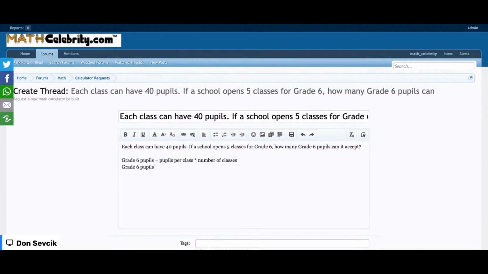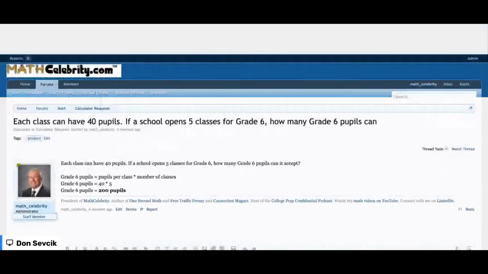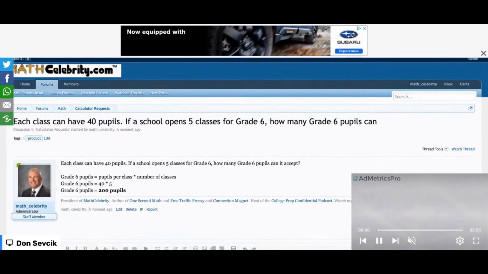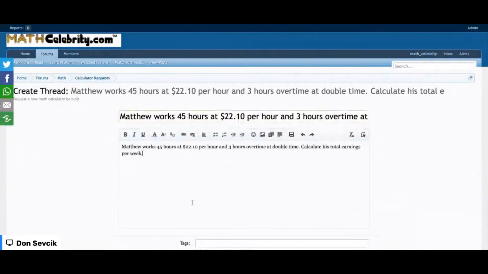We're told you can handle 40 pupils per class, and 5 classes equals 200 pupils. There we go. So this is a simple product. Nice and easy.